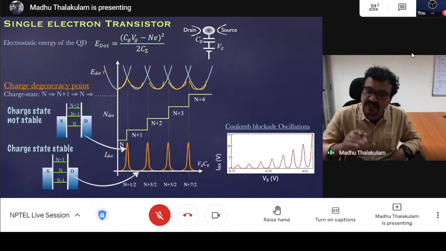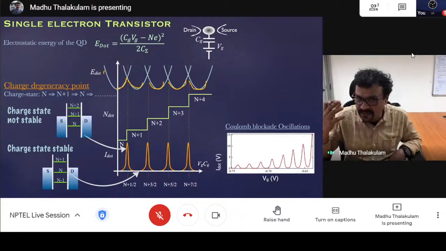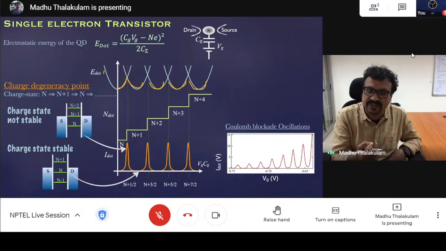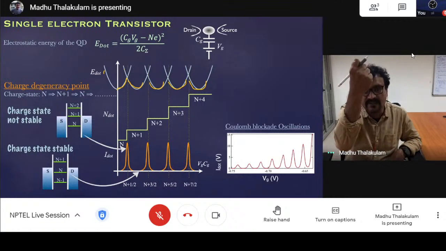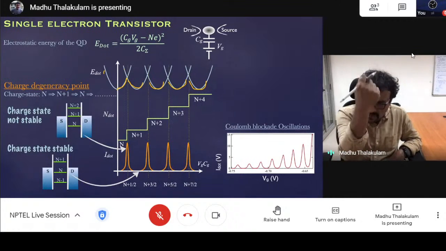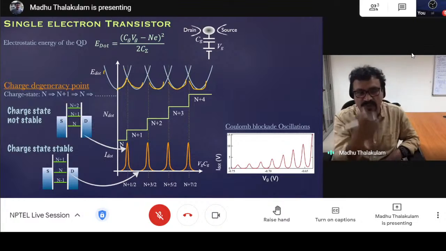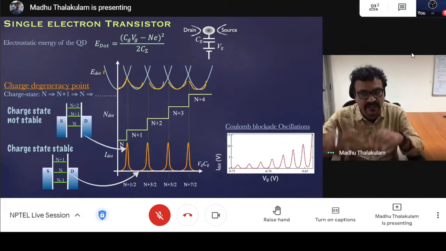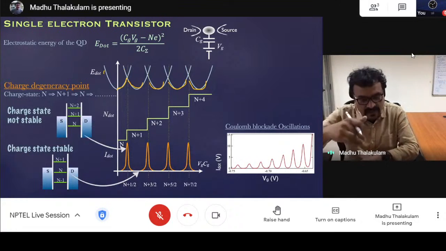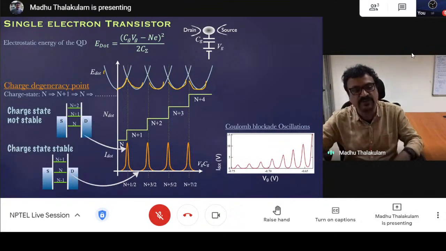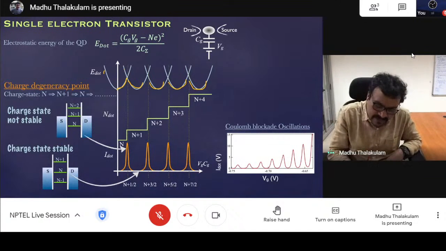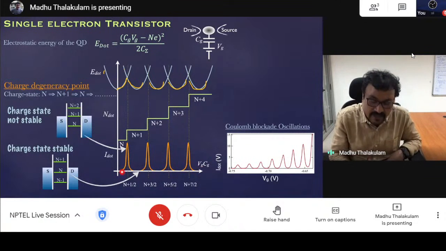That is how you change the overall total number of electrons on the dot. You can think of it like you're pulling the levels. It looks like a ladder, and you're pulling the levels down, and as you pull each level below the drain, that electron is locked inside. Then the next one comes. If you pull further, that goes below the drain, and that electron is also locked, so you are increasing the number of electrons as you go up in the gate voltage, or decreasing the number as you go down in the gate voltage.